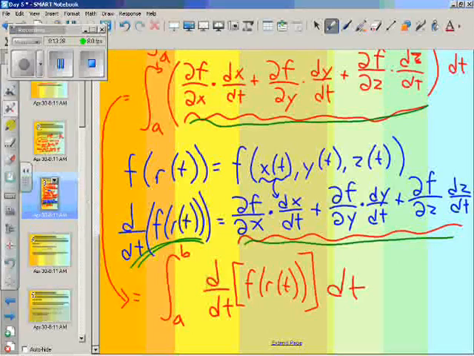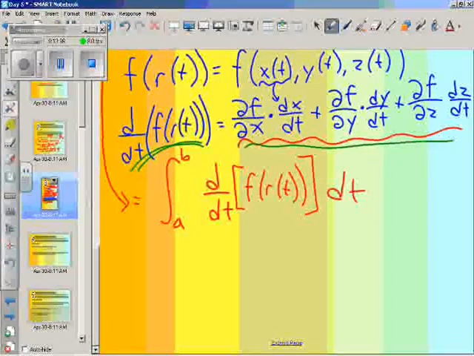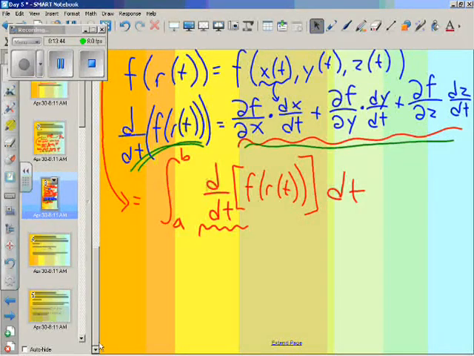Because now, from here on out, we can just apply the fundamental theorem of calculus from way back in the day. What this says is we want the derivative with respect to time, but then we're integrating with respect to time.